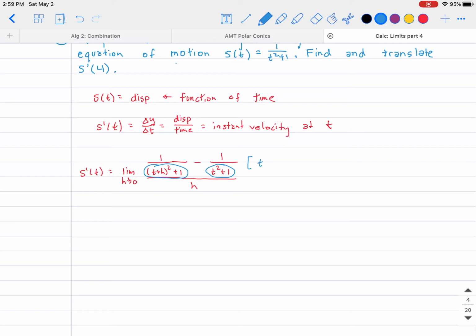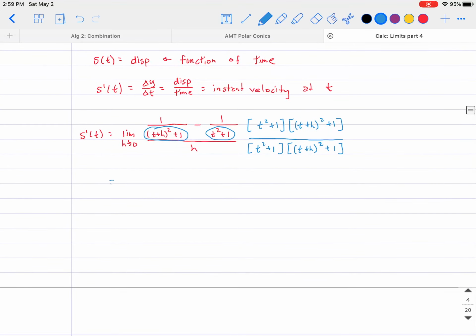So what I'll do is in the numerator, I'm going to multiply by t squared plus 1. And then also multiply by t plus h quantity squared plus 1. And that is going to be my LCM, which I will also multiply to the bottom as well. Okay, so there you go. And again, note that I didn't clean up anything on the inside. I just want to keep it nice and factored if possible.